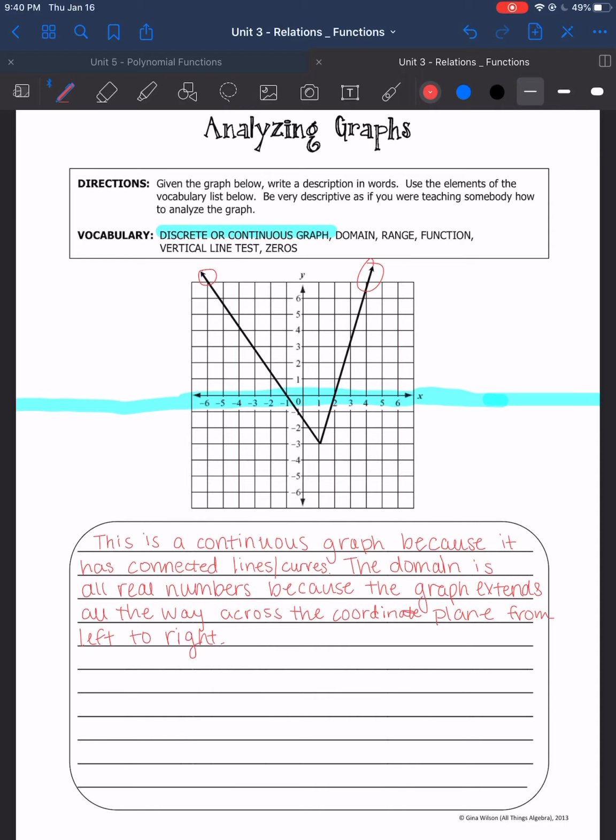X values. So left and right, that's why I highlighted left to right in this case, because it's the x-axis. All right, so we have talked about domain.